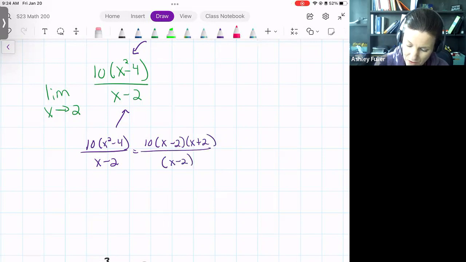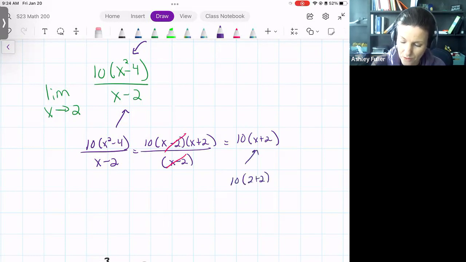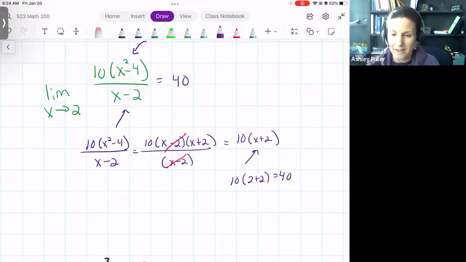Notice that allows us to eliminate this term, resulting in 10 times x plus 2. Now, as x approaches 2, we have 10 times 2 plus 2, which is a value of 40. Therefore, the limit here is equal to 40.